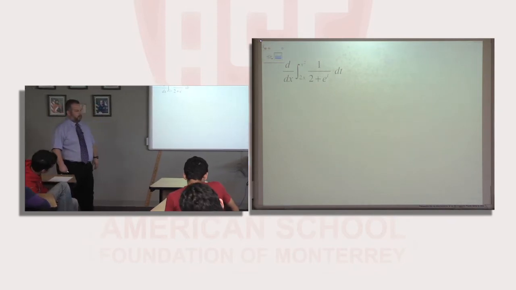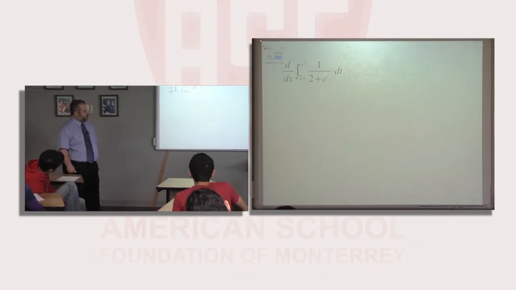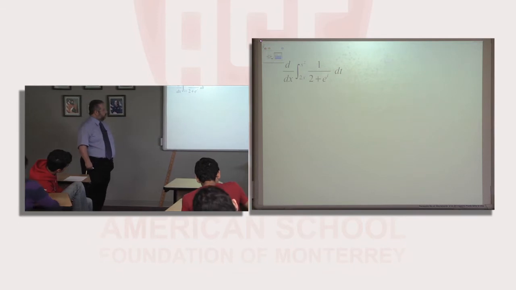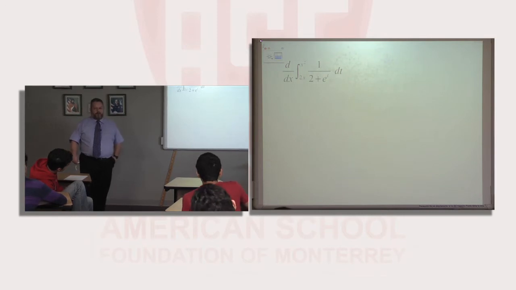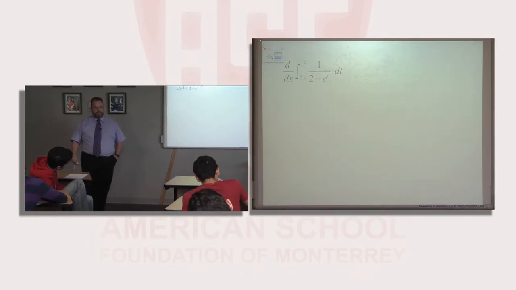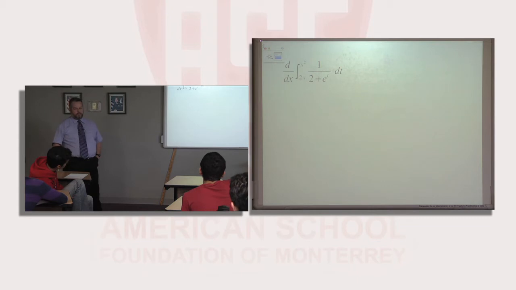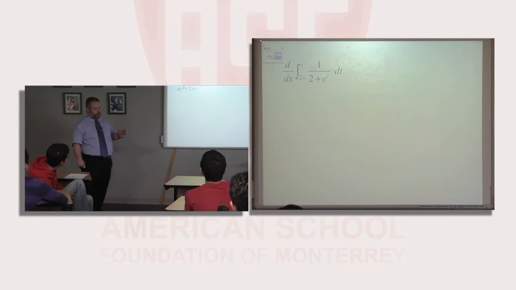Now we got situation 4. This is the ugliest one. What's the problem here? I mean, I don't have a constant anywhere, right? Which is a big deal because remember what the rules say.